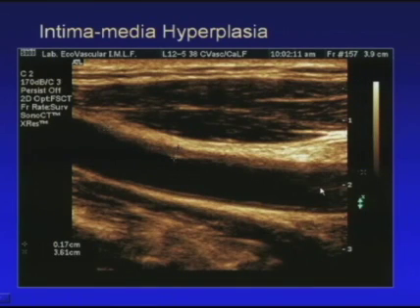In this case, we have an Intima-media hyperplasia of 1.7 millimeters here, and we can even see just a small spot of hyperechogenic area corresponding to a fibrotic area in this enlarged Intima-media.